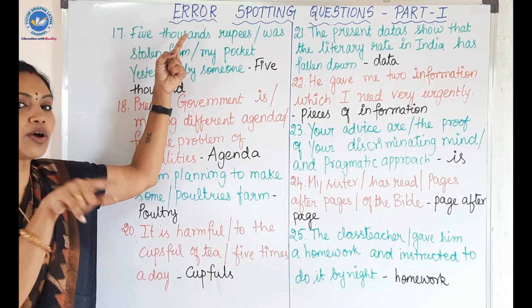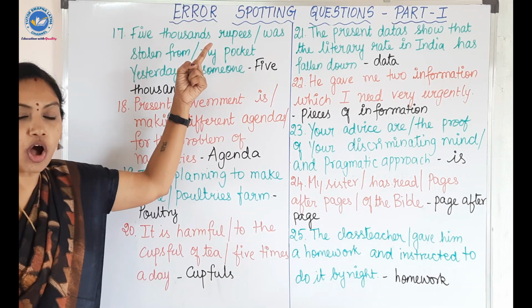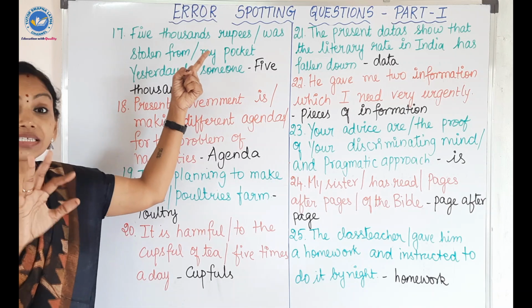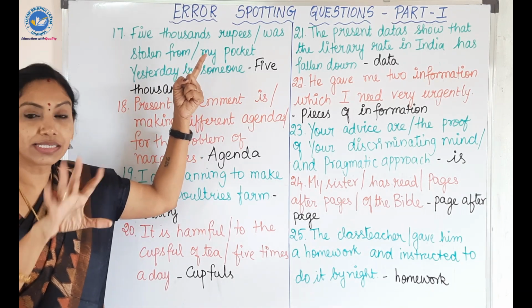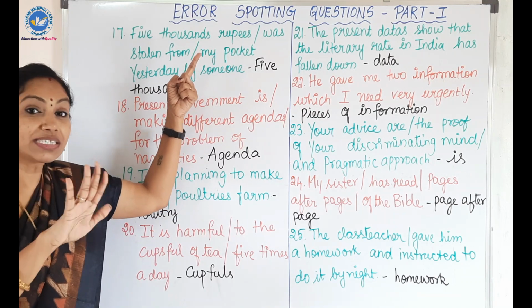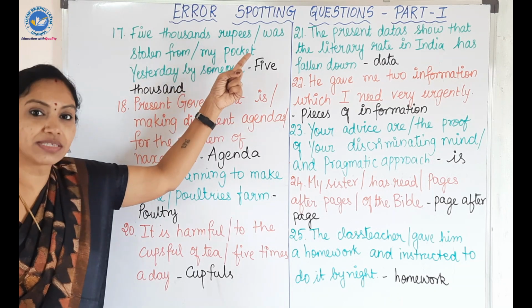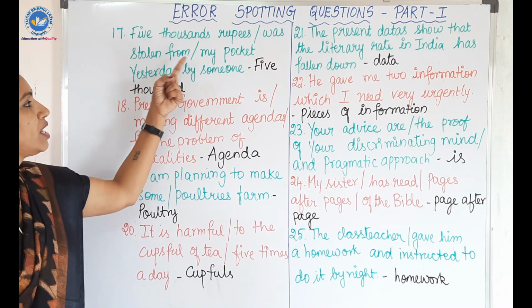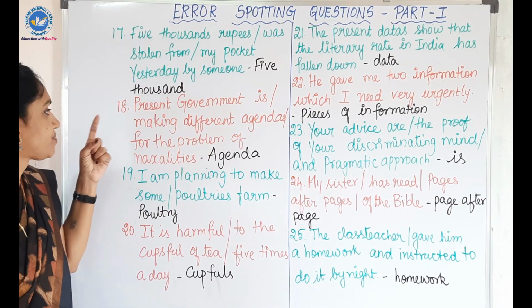But again, why thousands? There cannot be thousands. Hundreds is wrong. So you have to write thousand. I think in my previous video I taught you hundreds and dozens are wrong. Dozen of X can come. Likewise, 1,000 rupees can come. Thousands rupees cannot come. So the answer is 5,000.